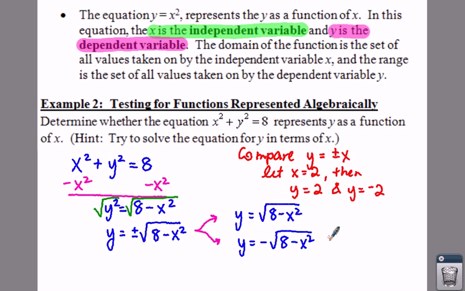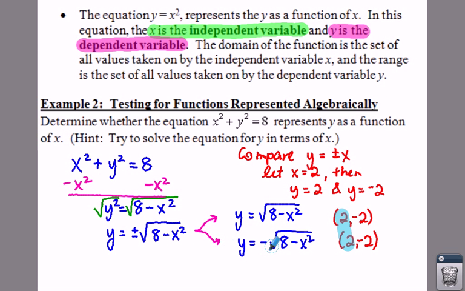If you were to write those as ordered pairs, you plug a 2 in for x and you get 2 comma negative 2, and then you'd also have 2 comma 2. And what we know about functions is you cannot have a repeated x value. If you have a repeated x value, then you cannot have a function.